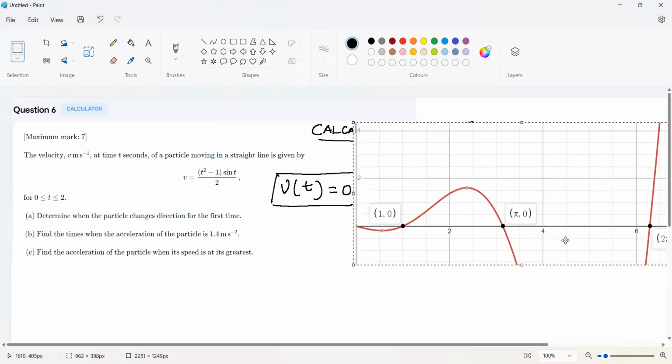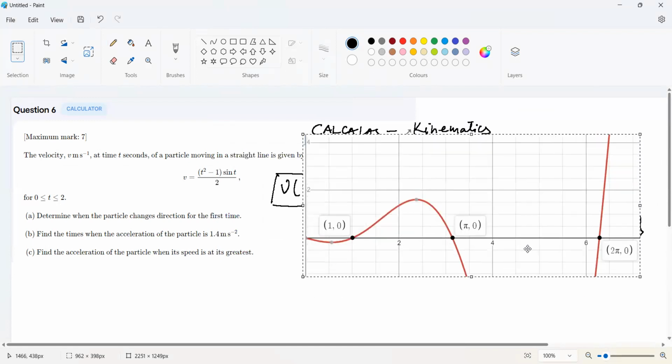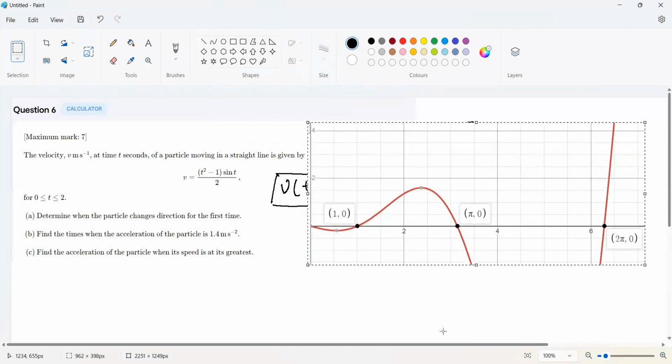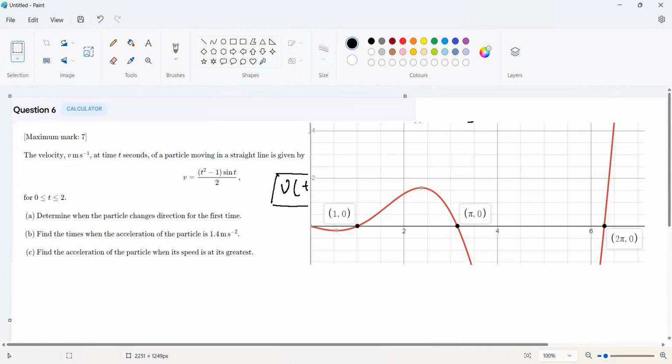This is that graph you can see. This graph has many x-intercepts, and we will not go beyond t is equal to 2 because the domain is 0 to 2.